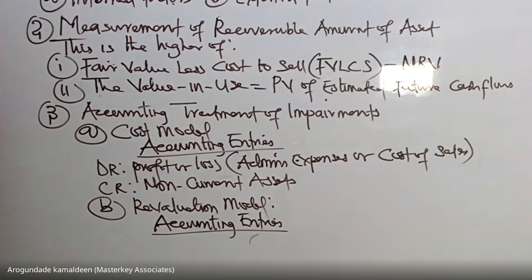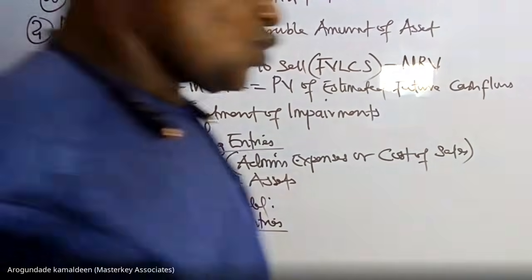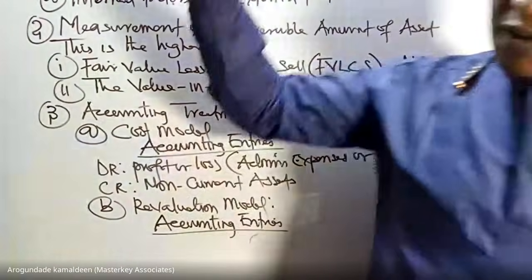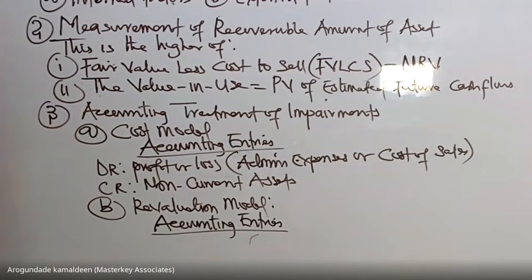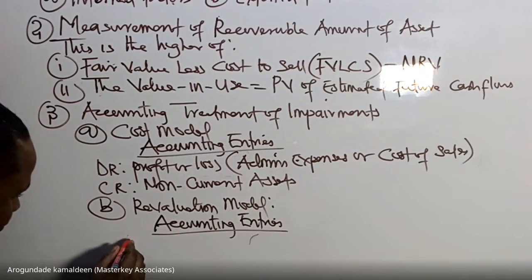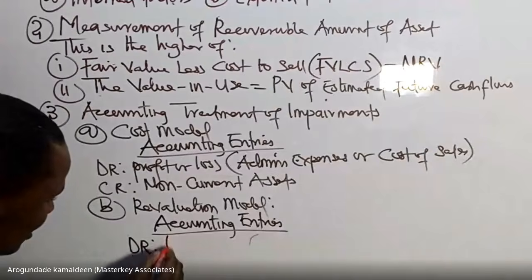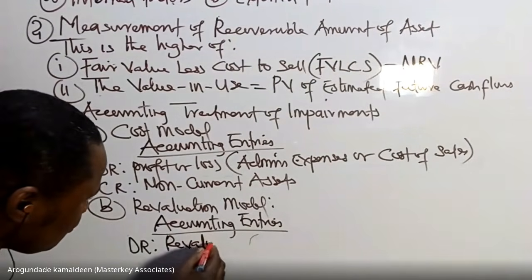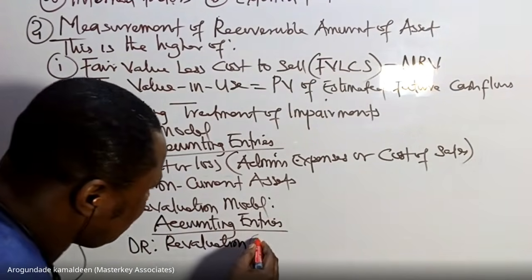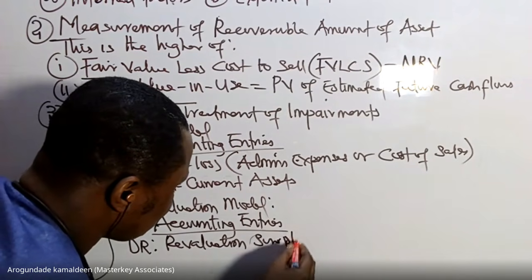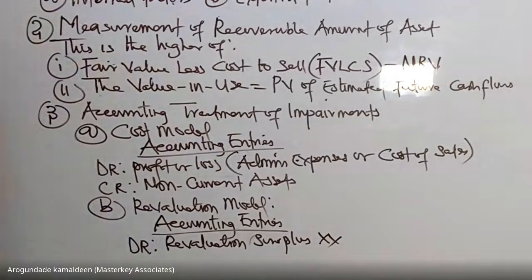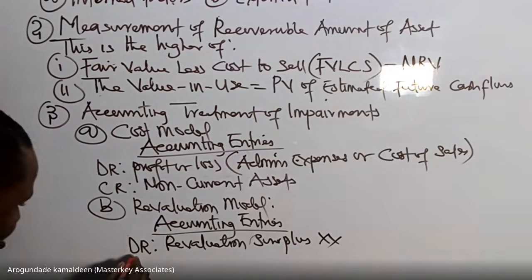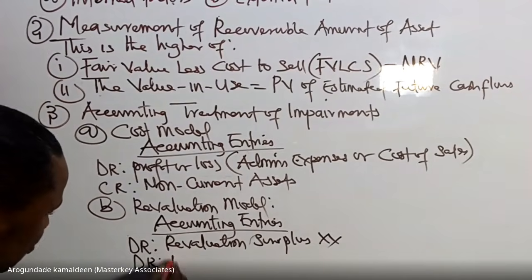Remember, in this case, you do not take the impairment straight away to P or L. You are going to first use the impairment to reduce the existing reserves. So you debit revaluation surplus. Now, if the value of the impairment is more than the surplus, you take the rest to profit or loss.